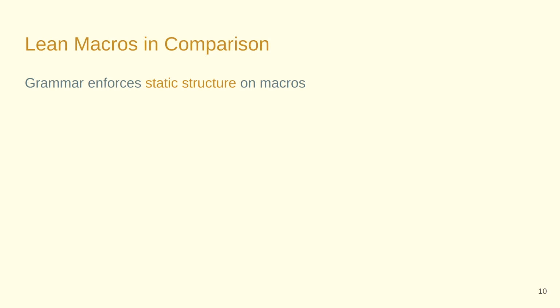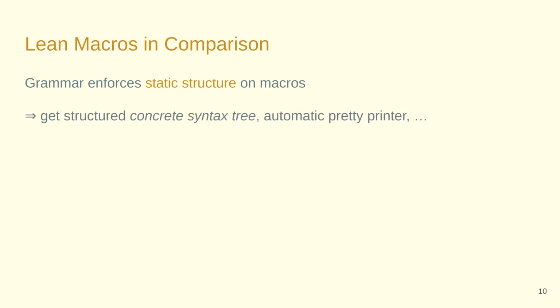And we do that to get this arbitrary syntactic freedom, but we actually get some more parts out of this, like we get a structured, concrete syntax tree, even before we expand any macros, which we make use of in our tooling, like our language server, and in fact derive more tooling from it.